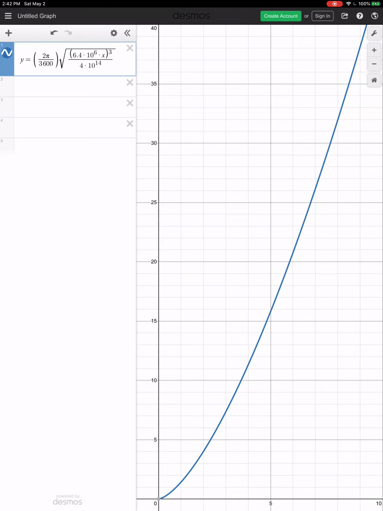Now from 0 up to 1 Earth radius, none of this data is meaningful, but right at 1 Earth radius we get about 1.4, not 1.5 hours, but close. For 2 Earth radii, the period would be about 4 hours. For 3 Earth radii, the period would be a little over 7 hours.